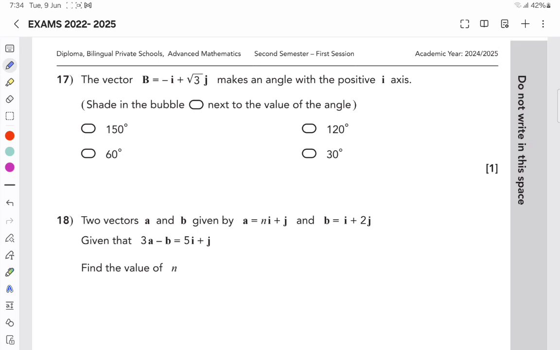Here it says the vector b makes an angle. The vector and complex numbers both have a lot of things in common. It is necessary to find the angle, but the angle in a vector is called the direction, an angle with i, because the x-axis represents the i component in the vectors.